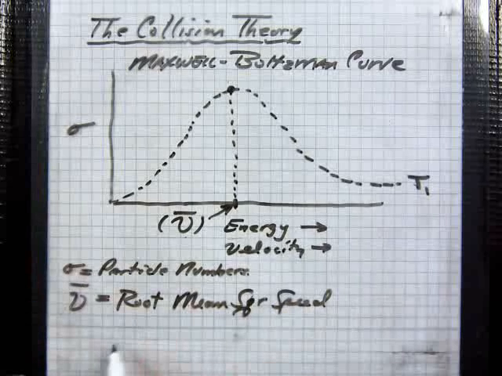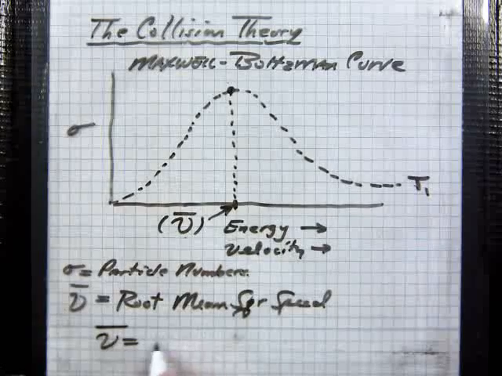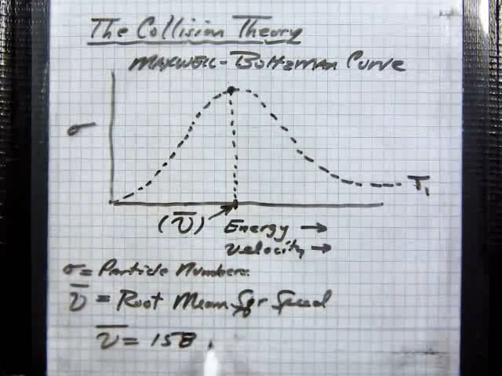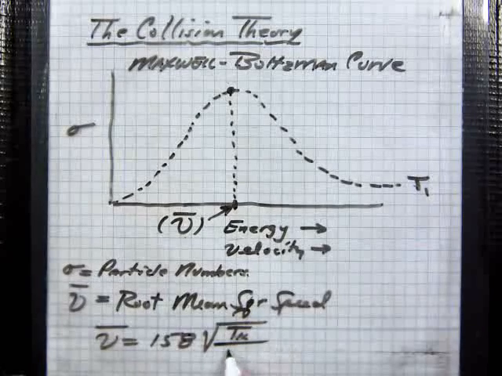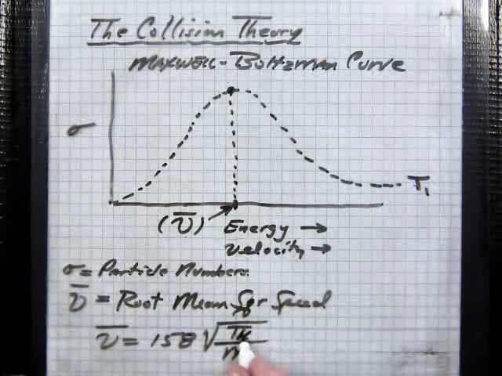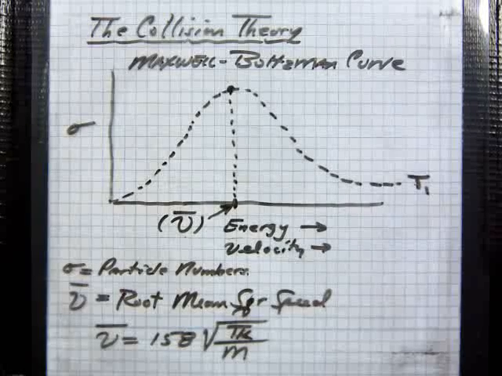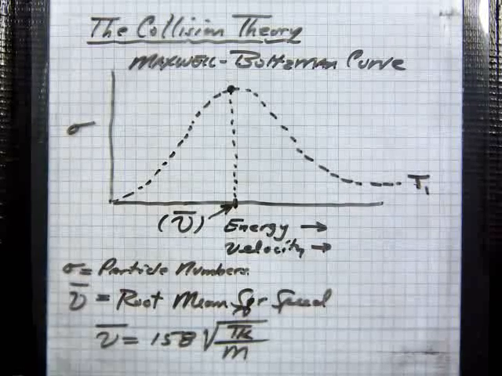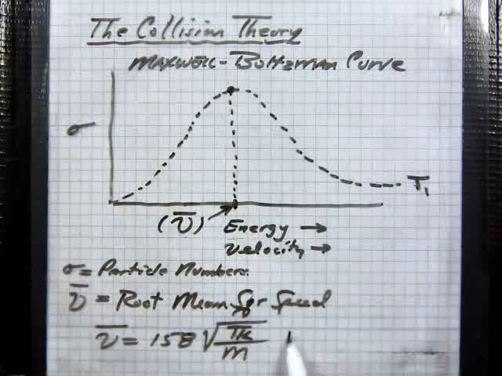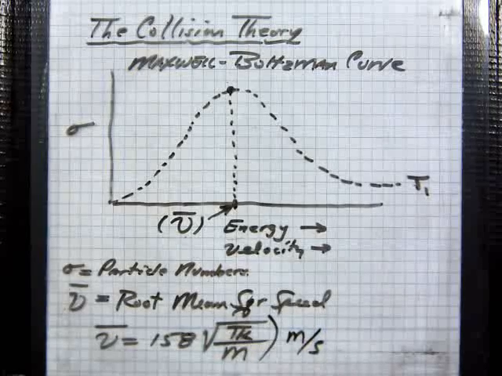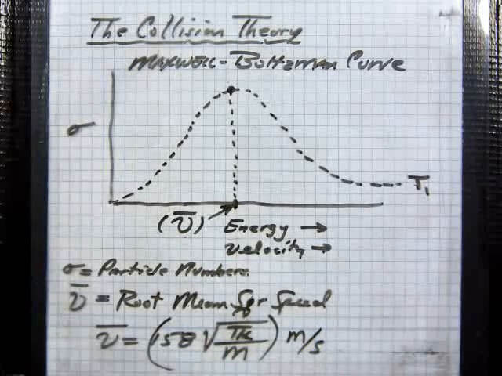And you could calculate that using this simple formula, 1/50th square root of T in Kelvin temperature over the mass, the atomic mass of whatever particle, or molecular mass if it's a molecule. Using this expression right here, it's a very simple equation, 158, and it gives you those speeds in meters per second. I'll show you some others shortly.